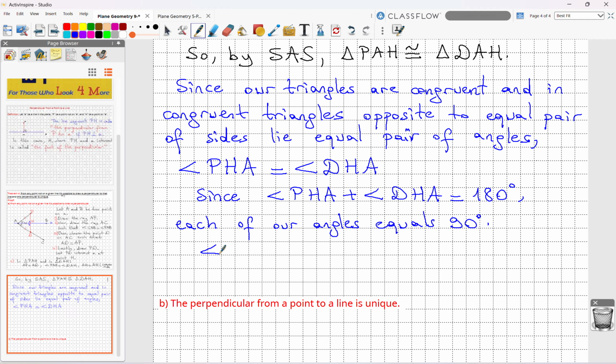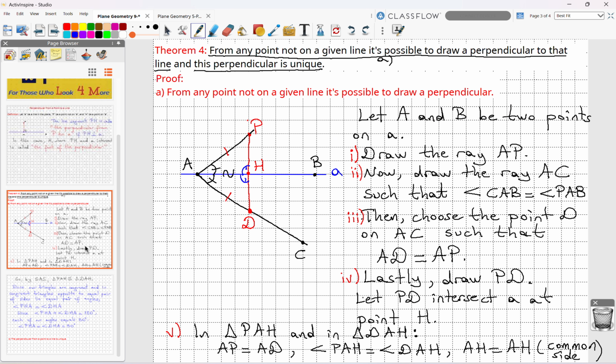So angle PHA and angle DHA are both equal to 90 degrees. This proves that PH is the perpendicular from P to A.